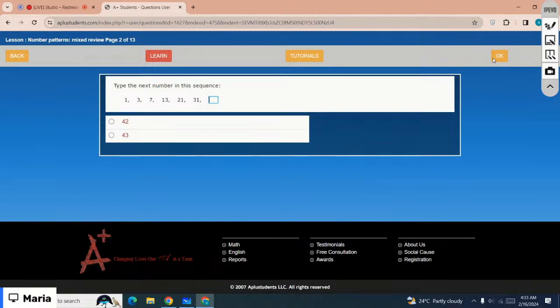Type the next number in the sequence. Which is the next number in the sequence?